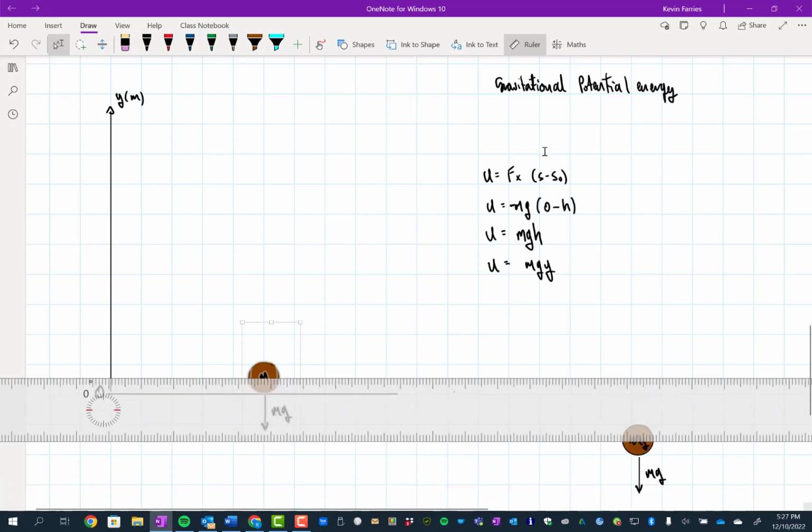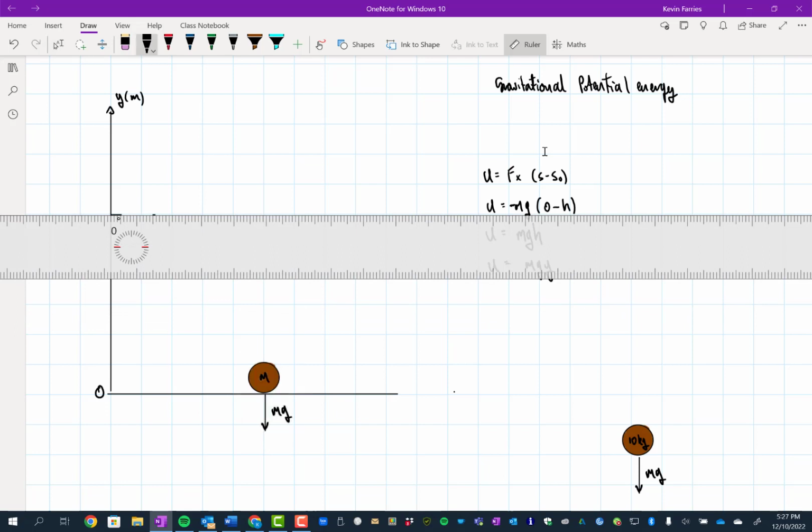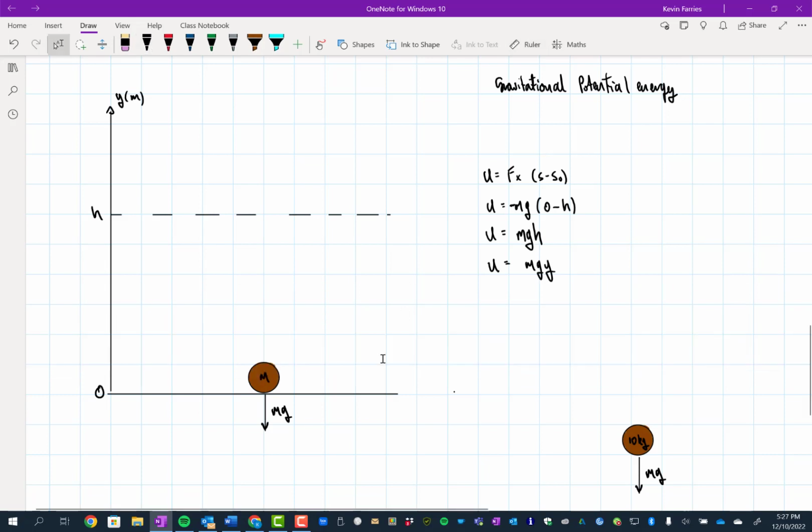So let's say this here is h. If we wanted to move this from the datum to that position, we'd have to hook it up to a crane or something, and apply a force that was equal and opposite to gravity. So this would also be mg to lift this thing up.